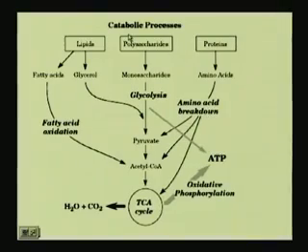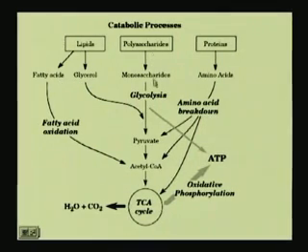Continue our lecture on glycolysis. We started off yesterday where we considered the different metabolic processes that go on in the body, and if we look at the first slide here, the overall catabolic processes look at the breakdown of lipids, polysaccharides and proteins. Now, the breakdown of lipids gets into components of fatty acids and glycerol.